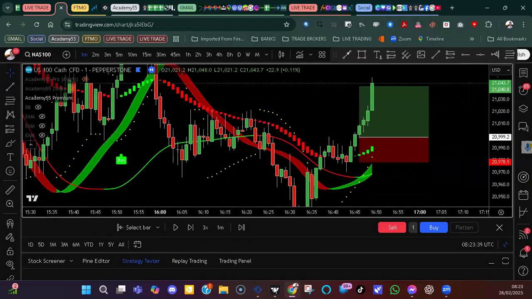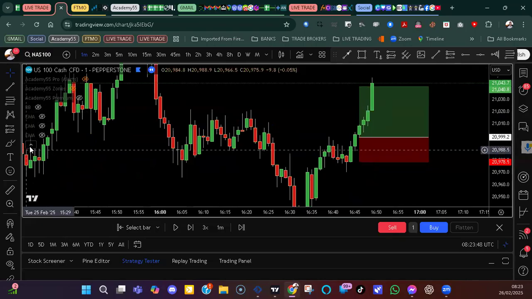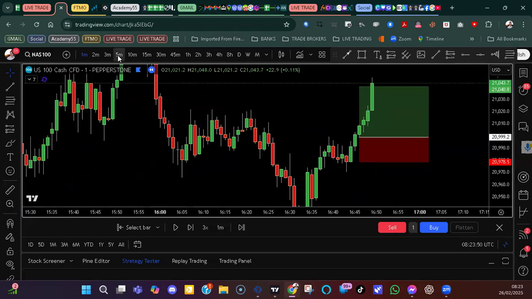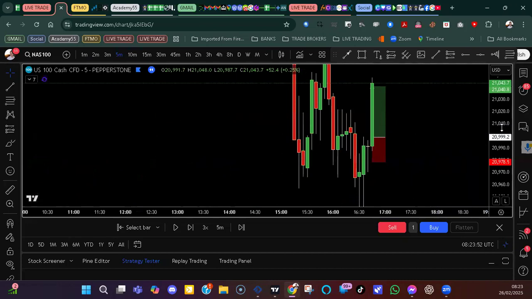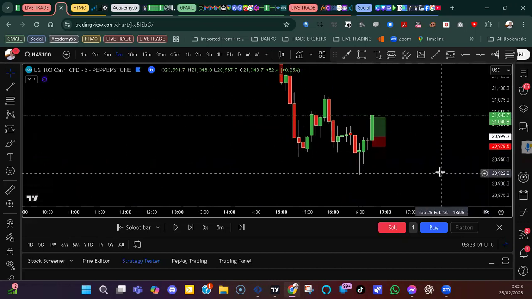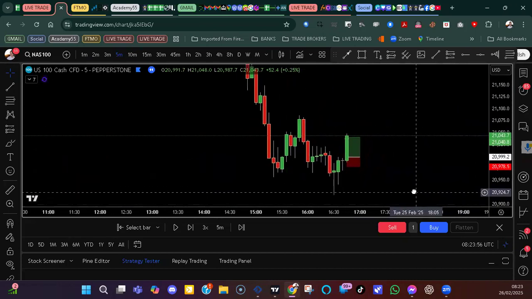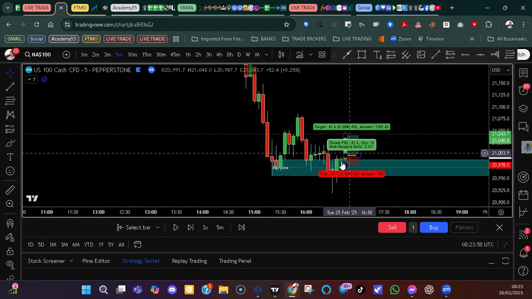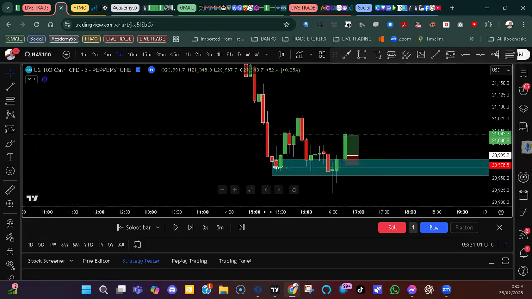Okay. We're still moving up, so we haven't missed anything. I'm going to take the indicators off, go back on the 5 minute. So that's a successful trade there from that buy zone there.